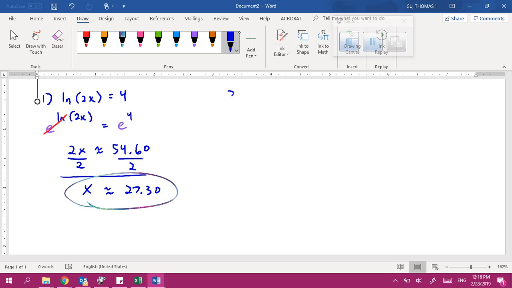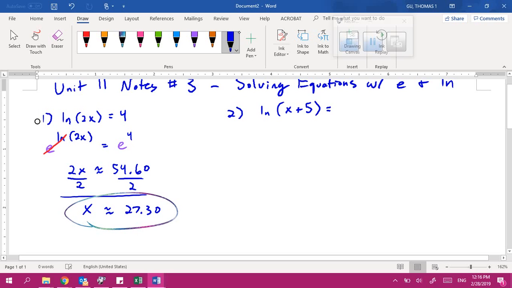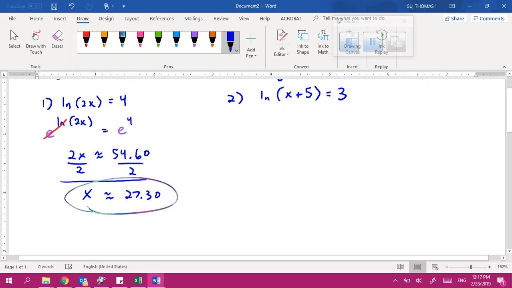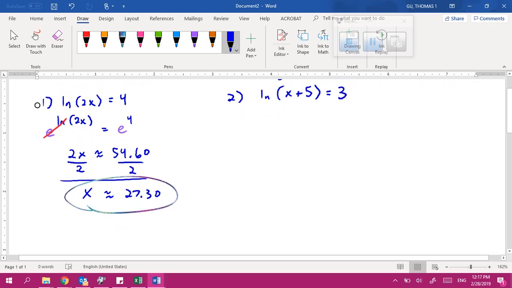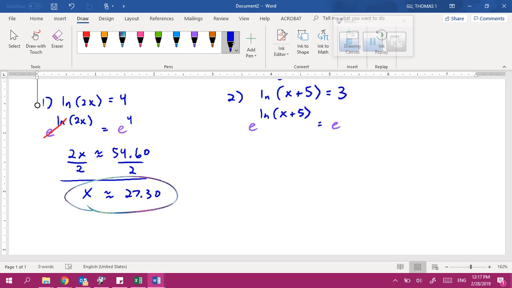So let's do another one similar to this. ln of x plus 5 equals 3. We already did one like this, so can you tell me what you would do first here? Use base of e, and why are you doing that again? To cancel ln, very good. So the e is going to cancel out the ln.